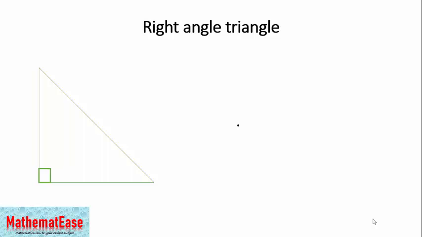So when you see a triangle and you see this sign between the vertical and the horizontal line, it means it's a right angle triangle. The examiner may not say anything about it, but as long as you see a triangle like this and you see that sign between the horizontal line and the vertical line, it means it's a right angle triangle.